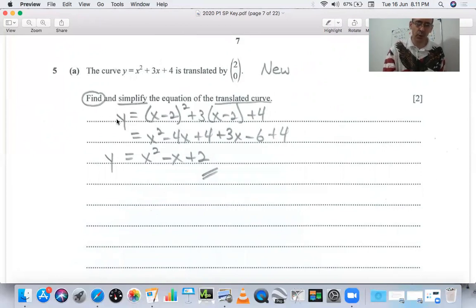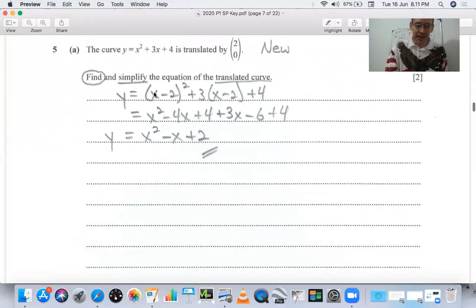I just left it y, because there's no change in the y value, but it'd be y minus 0 equals x minus 2 squared. So remember translations, connecting to its variable, the x to the x. This is x over y, so that connecting to the x, you change the sign. So x minus 2 squared plus 3 times x minus 2 plus 4.